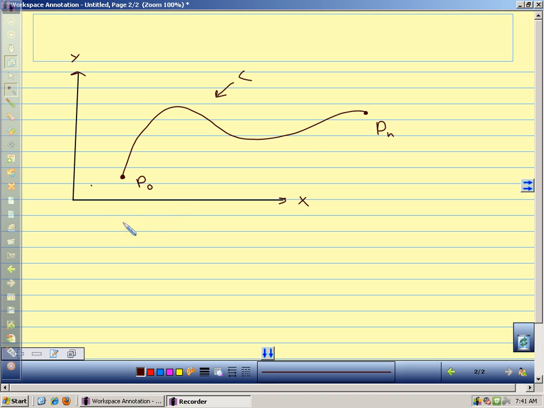P sub 0 corresponds to t equals a, and P sub n corresponds to t equals b. So this is our curve.